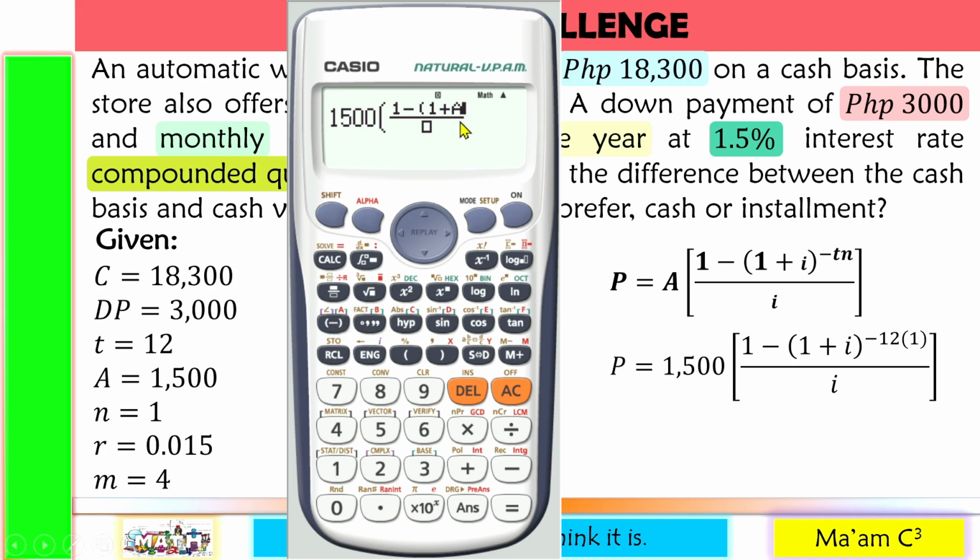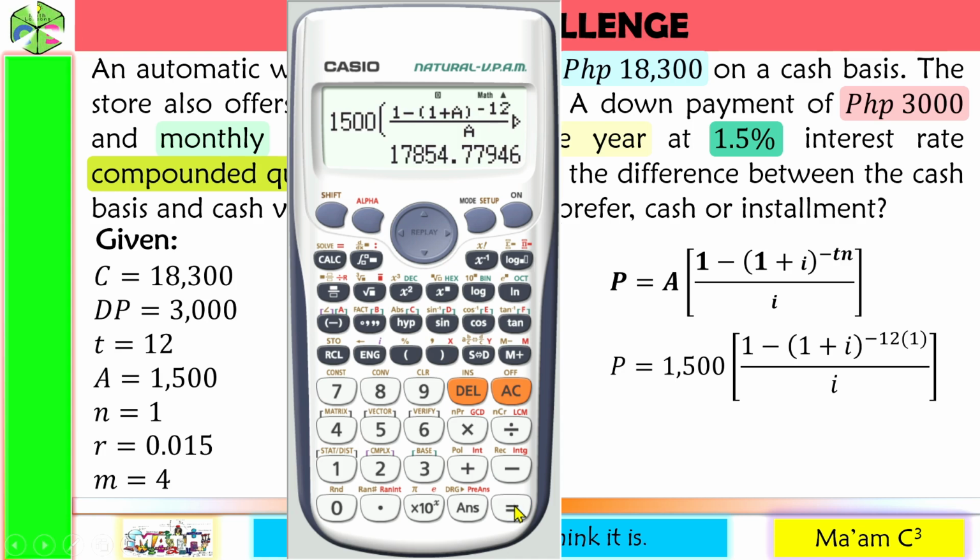That is the value that I stored earlier. Close parenthesis, exponent, negative 12 times 1. Close parenthesis. Cursor down, i again, and that is alpha A. Cursor to the right, close parenthesis, equal sign.